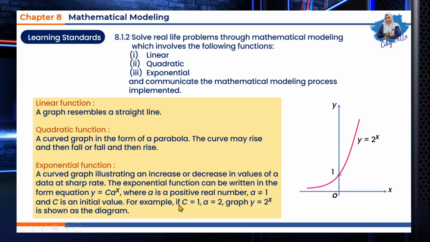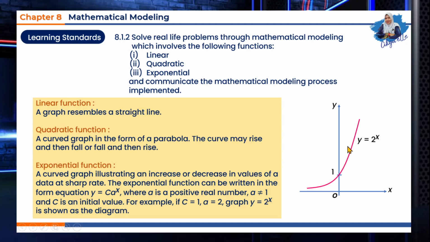For example, c is 1, a equals 2, and this graph y equals 2 power of x is shown in the diagram. Here is an example of exponential function. You can look at this graph. The graph increases at a sharp rate.